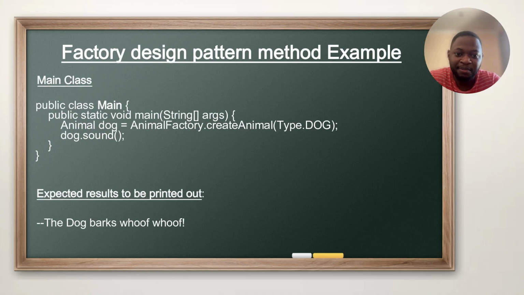As you see here, I've passed in the dog enum, and then if I invoke the dot sound, if I want the animal to make the sound, the expected result that should be printed out should be the dog barks woof woof, since that's what I have for the dog subclass that implements the animal class.